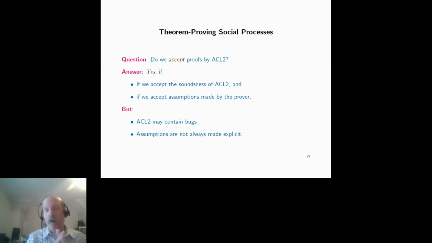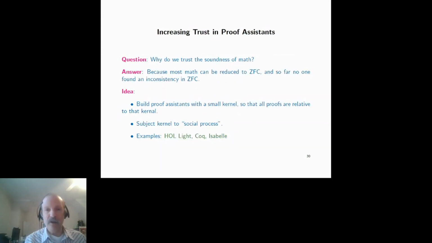We can't just say that if something has been proved by ACL2, it's right. You have to say, well, maybe the tool itself has bugs, and have all the assumptions been made explicit so we can trust them. So you have to believe ACL2, and you have to believe the people who did the verification. So there is some kind of social process there.